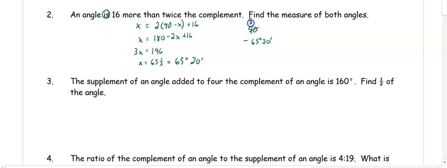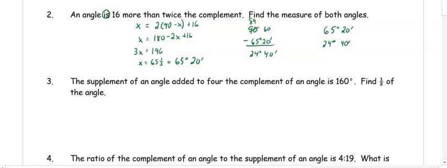So we need to borrow a degree to make 60 minutes, which gets us 40 minutes and 24 degrees. So our angles are 65 degrees, 20 minutes, and 24 degrees, 40 minutes.